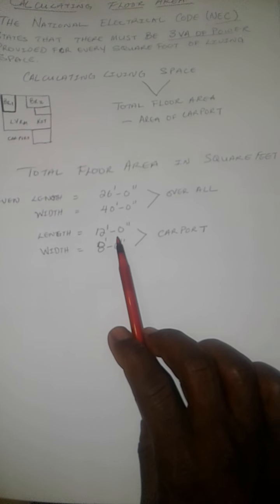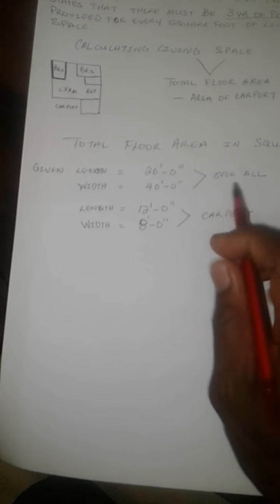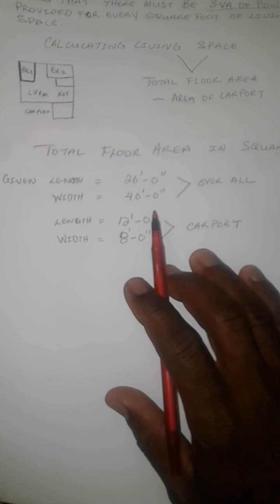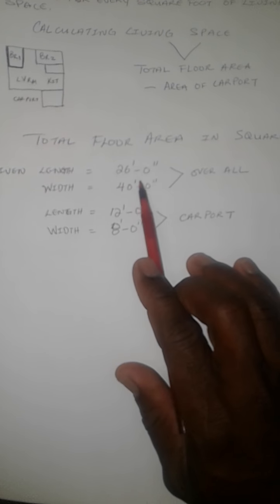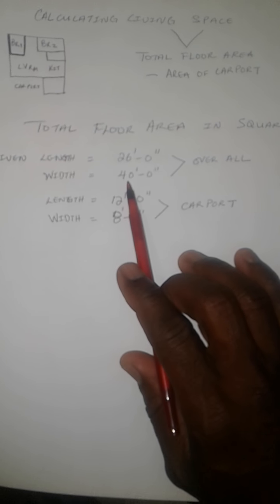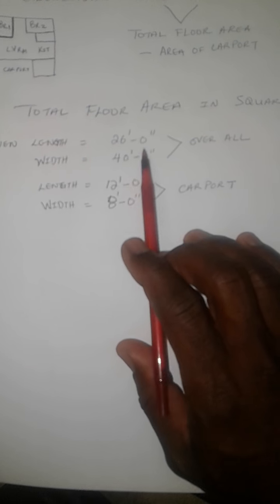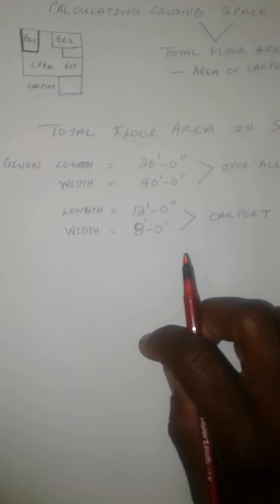To calculate the total floor area in square feet, first of all, the overall measurements using a scaled ruler, we will be able to find the length to be 26 feet 0 inches and the width to be 40 feet 0 inches. In many cases, it doesn't matter which one of these is designated length or width, because we know area is length times width.